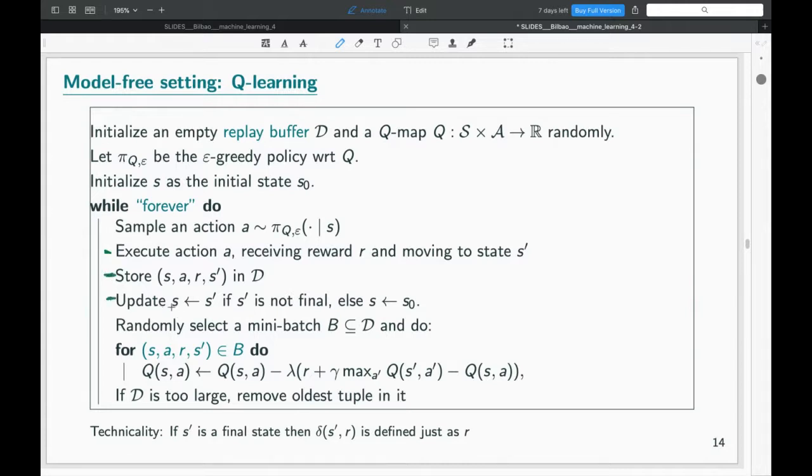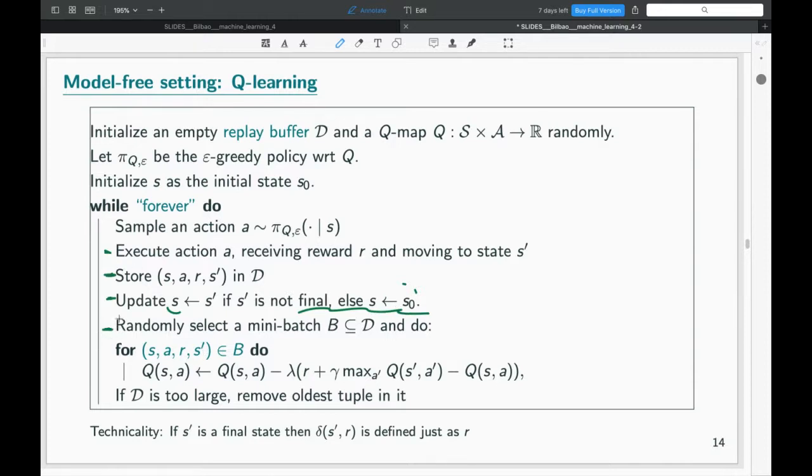Since the environment has moved to state S prime, you update S to S prime. S represents the current state you are in, if S prime is not final, otherwise you just start with the initial state all over again. This is kind of a technicality.